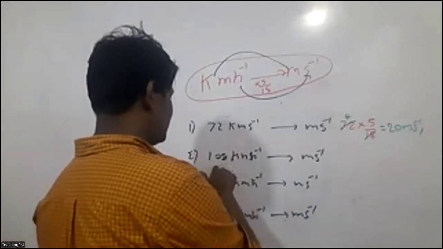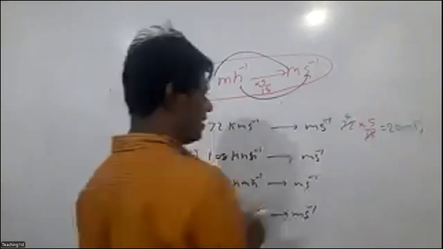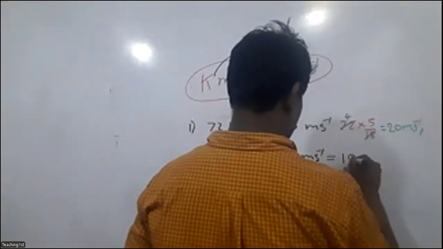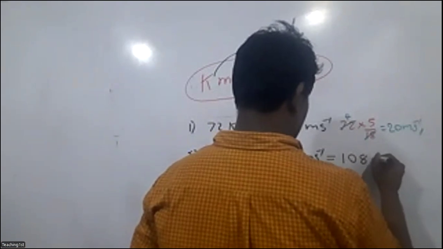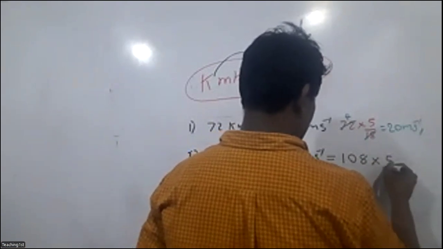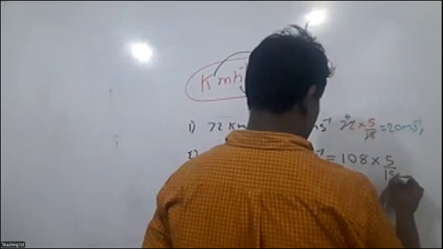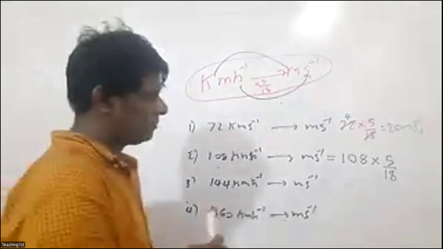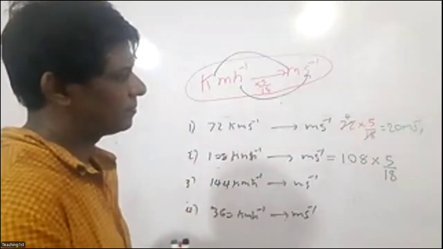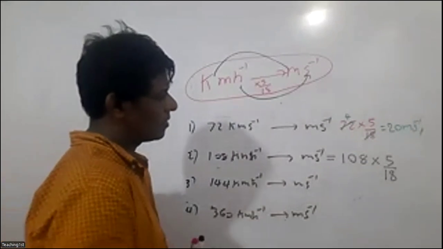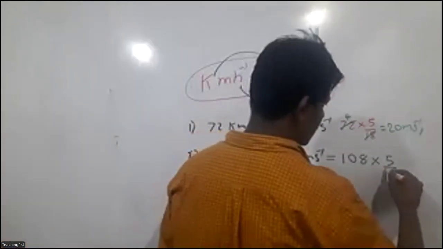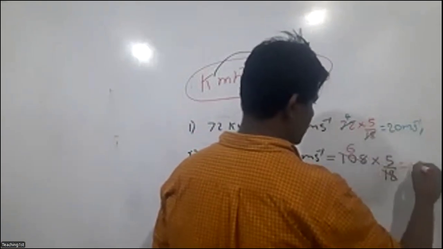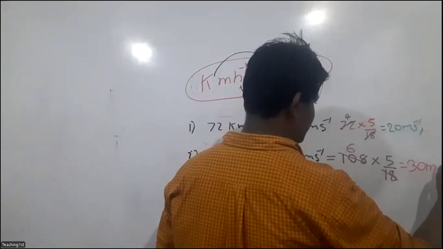Now see, 108 kilometers per hour. It is 30 meters per second.